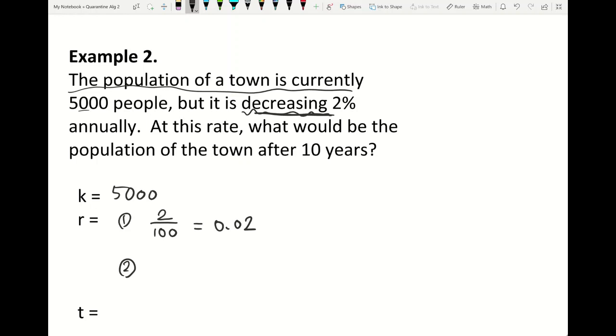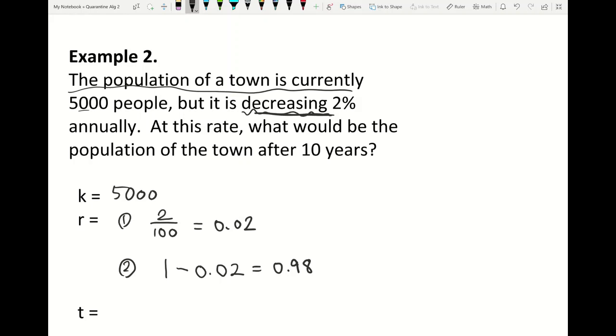We need to subtract this 0.02 from 1. So we're going to do 1 minus 0.02. What do we get? So we get 0.98. That's 98%. And that makes sense, right?